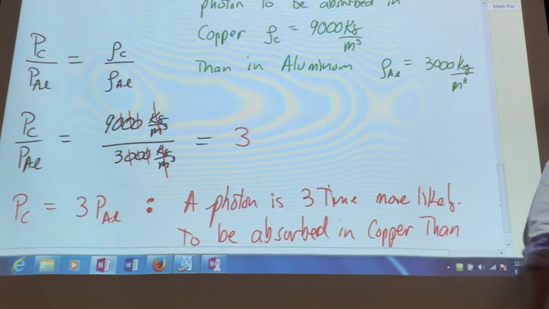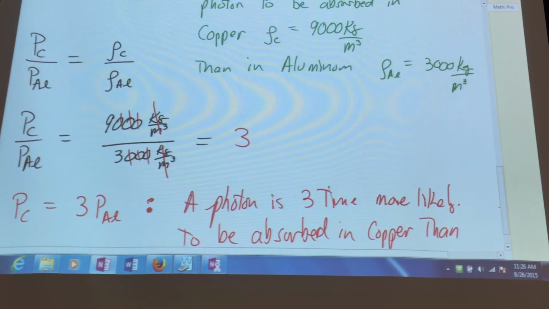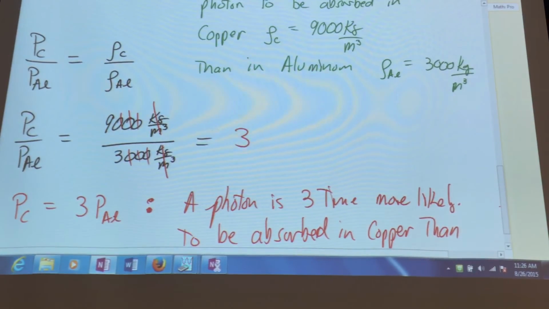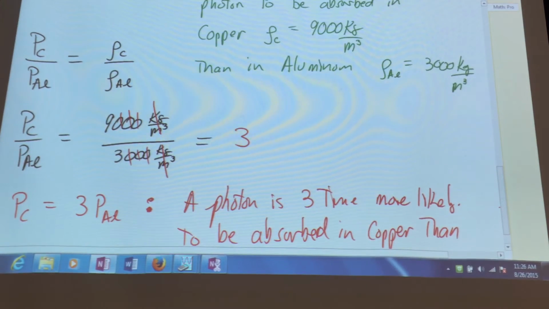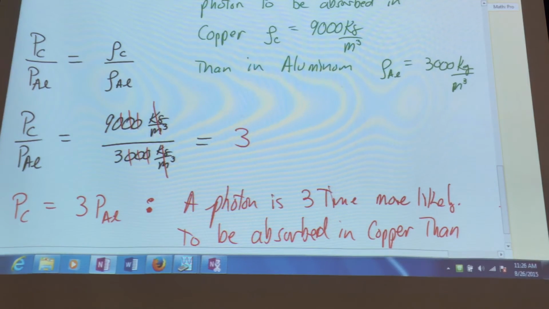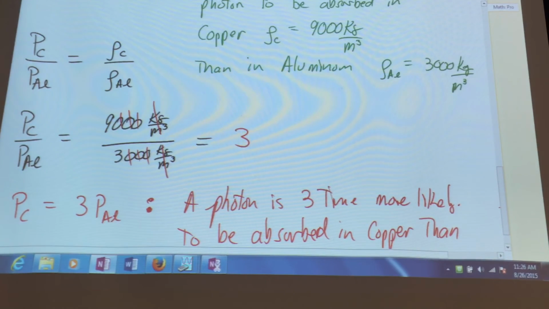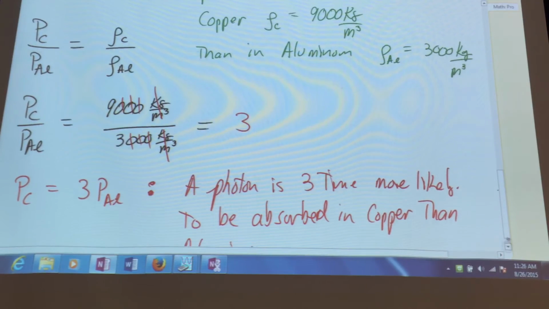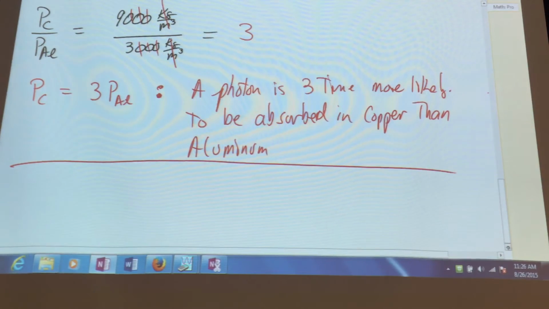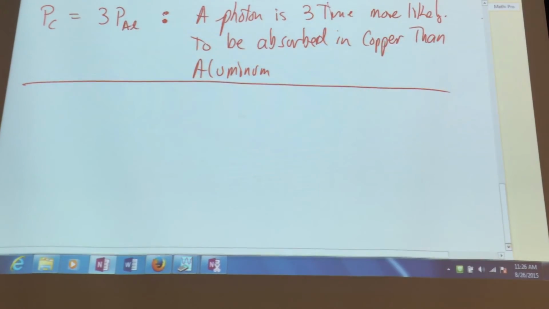So the density really has to do with how many copper atoms are in a volume. And so if there's more copper atoms in a volume, then the photons are more likely to hit a copper atom and be absorbed. Okay, so we did what's known as direct proportionality.